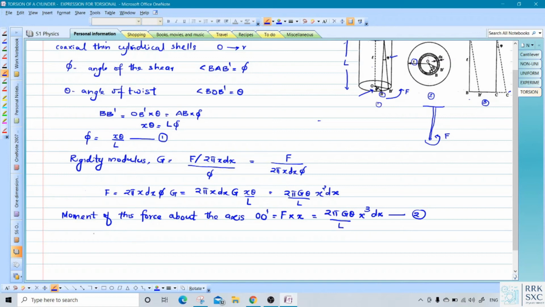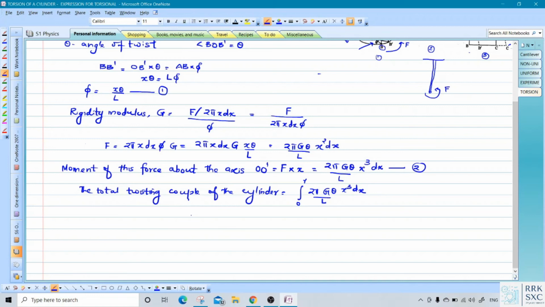So the next step is the total twisting couple of the whole cylinder. It will be equal to the integral from 0 to r of 2 pi G theta by L into x cube dx.